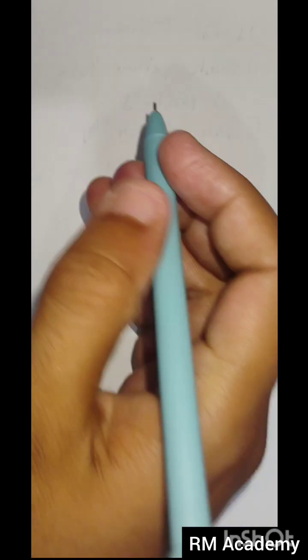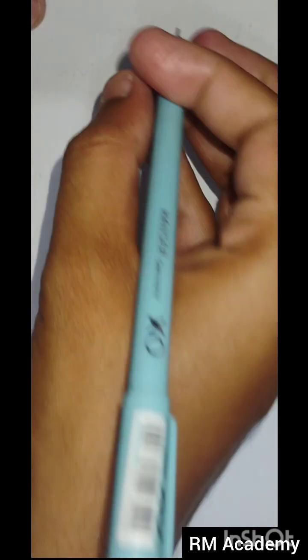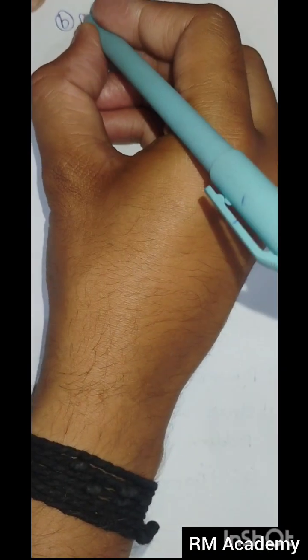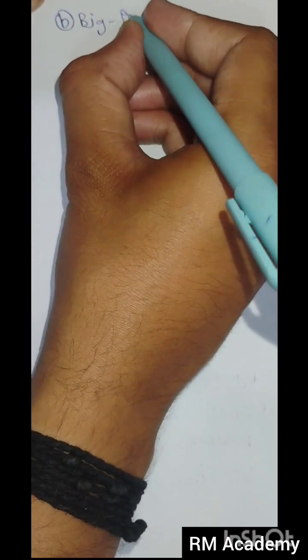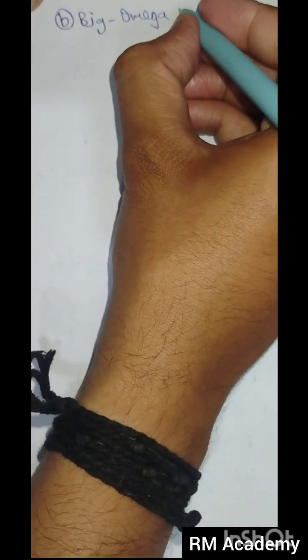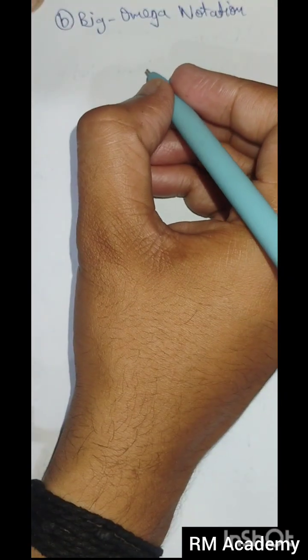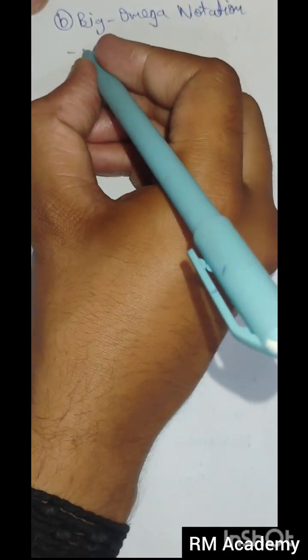Now, the next type of asymptotic notation is big omega notation. Big omega notation gives the lower bound.